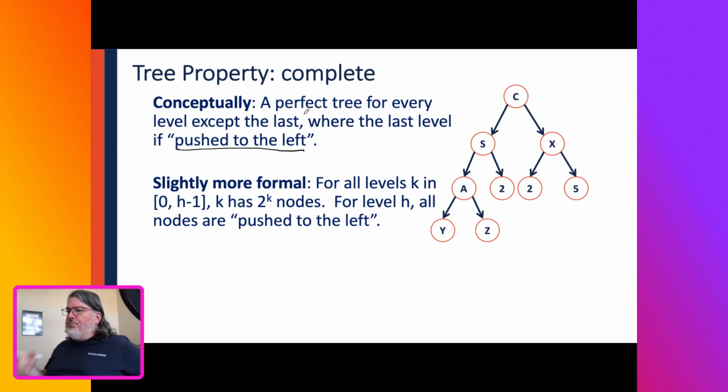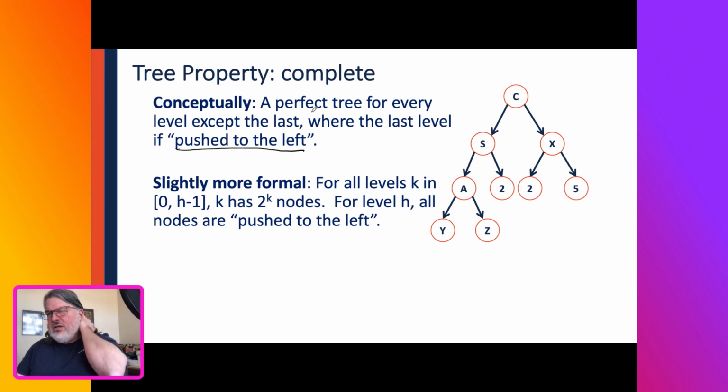Why does it have to be pushed to the left? Well, we're going to find out that it allows us to do some things that are convenient. But it is just a common definition of complete tree. You're going to have to wait about a month to see the case where it really works out helpfully to have them be required to be pushed to the left.